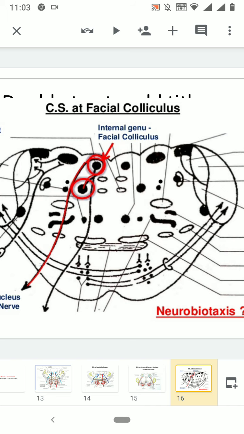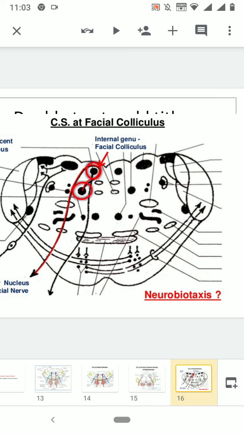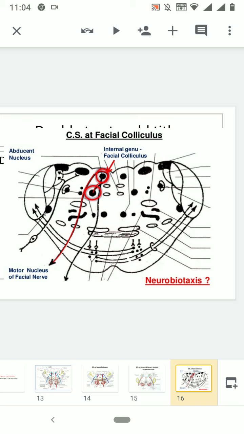This is because it will reduce the reflex time. So sensations can be picked up and the muscles can react. So it reduces the reflex time. This is a kind of adaptive mechanism, and this mechanism is called neurobiotaxis.